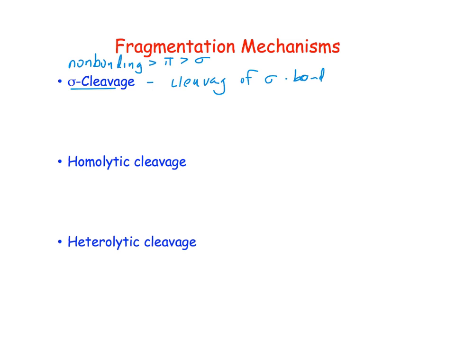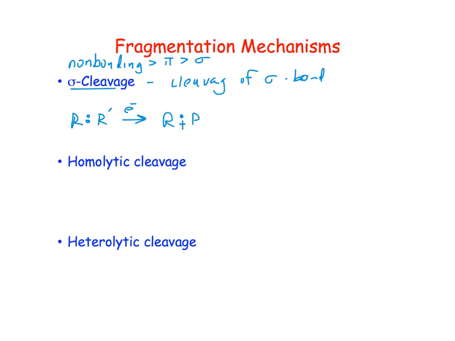Generally what it involves is ionization in just a sigma bond in the molecule. We drew it like this before. We ionize it with electrons and lose one of those electrons.